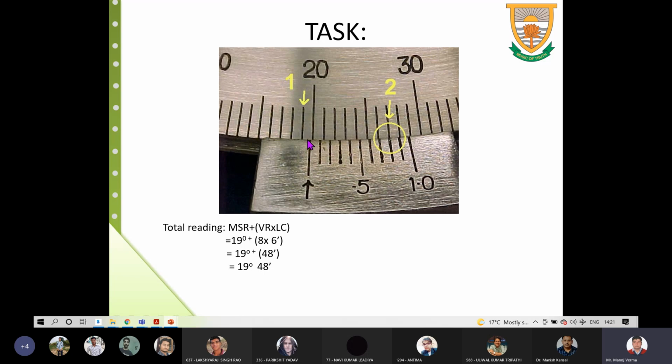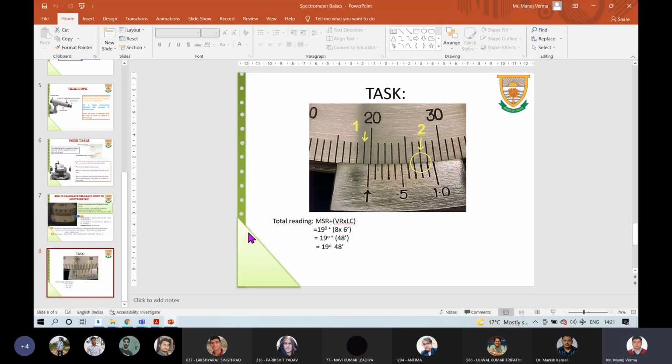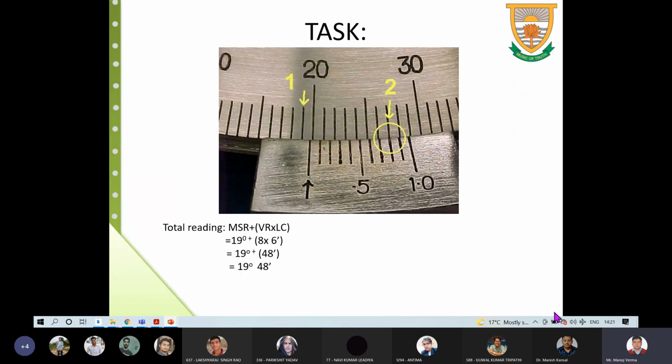So can you tell me what is the reading just before the zero of this vernier scale? 19. So main scale reading will be 19 degrees. And you have to see which line is actually matching with the main scale division.